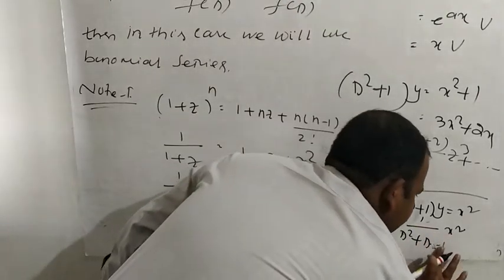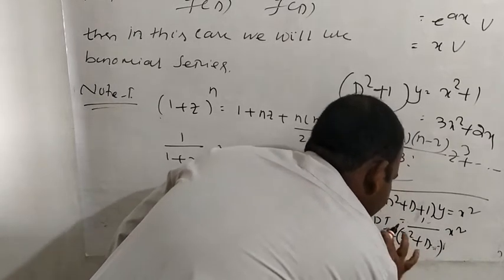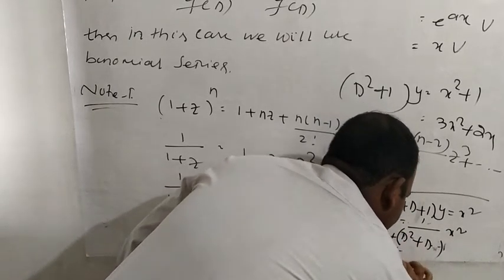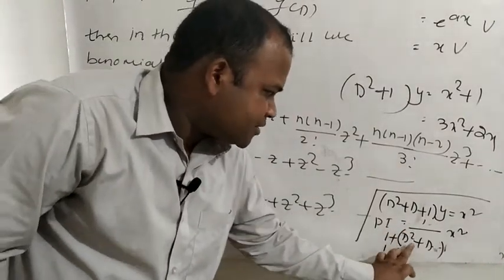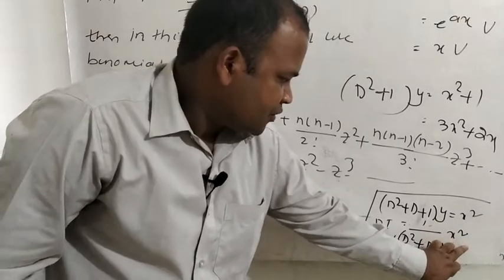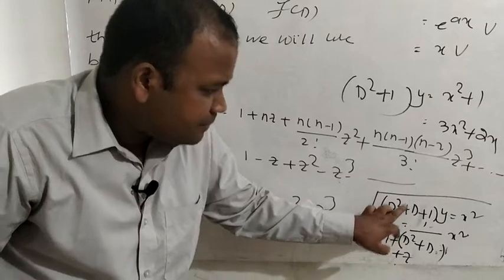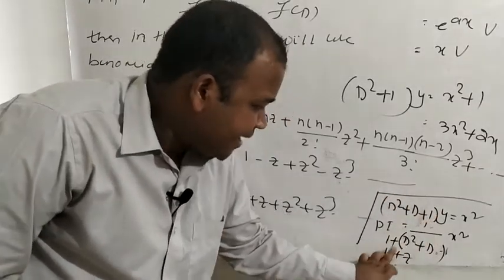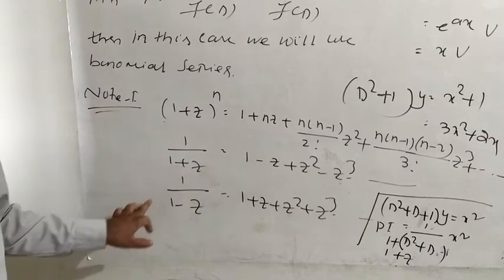This plus 1 you can write as 1 plus this, so this is 1 + z. Now this is 1 upon 1 + (D² + D) into x². So what is the value of z? Because this expression, D² + D + 1, you will arrange in the form of 1 upon 1 + z or 1 upon 1 − z.